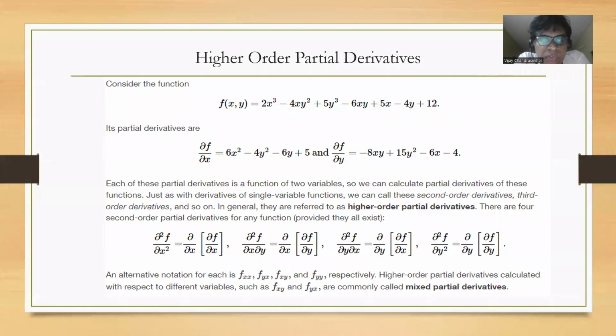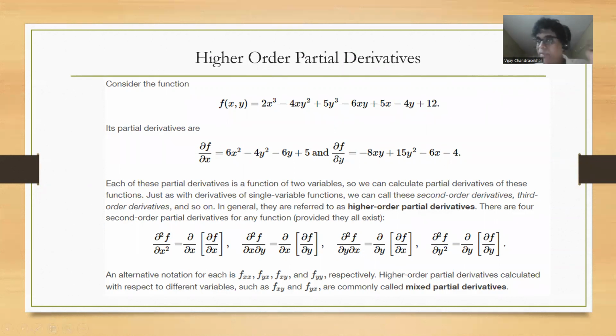So when we talk of a partial derivative on top of a partial derivative, there are a variety of partial derivatives that you can think of. If you take dou f by dou x, then the second order derivative can be calculated with respect to x, or you can calculate with respect to y.